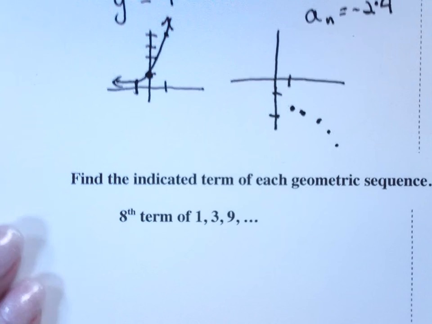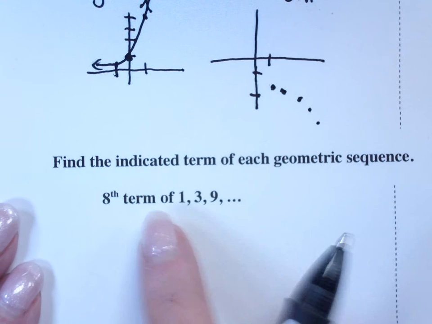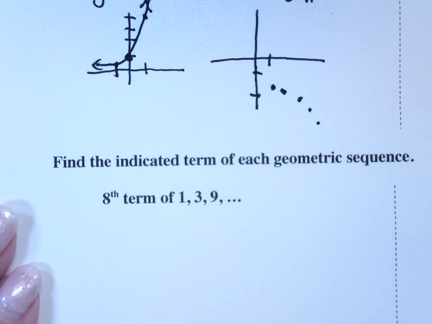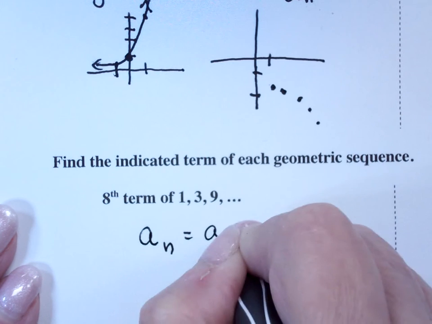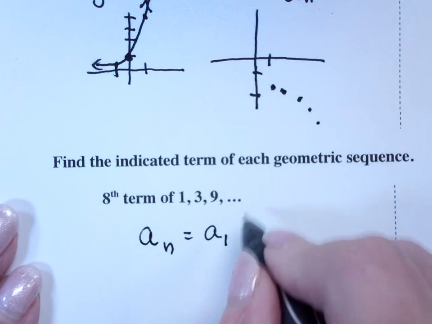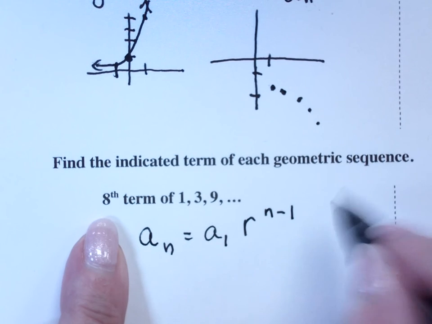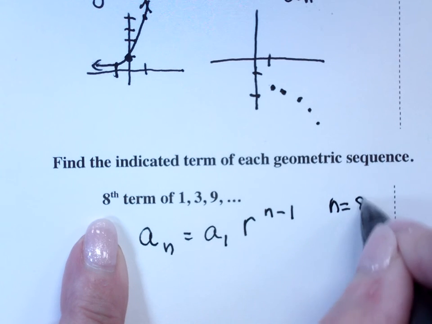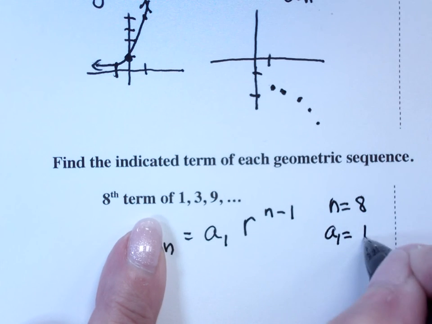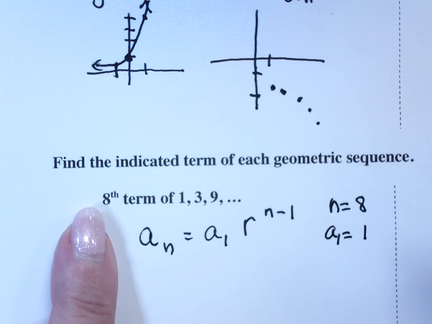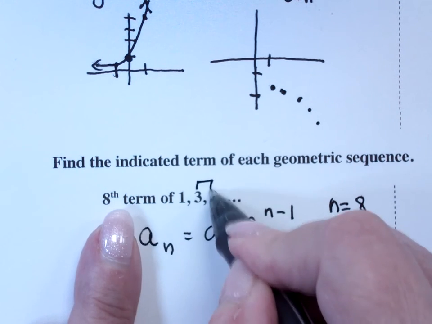So here we go. Find the indicated term of each geometric sequence. I want the 8th term. So a sub n is a1 times r to the n minus 1. Well, n is 8, a1 is 1. What's r? How do I get from here to here?